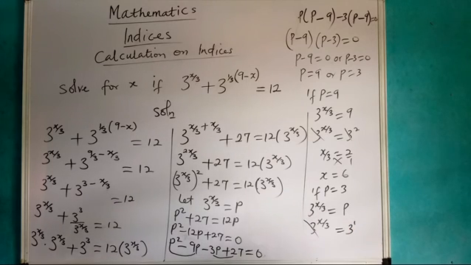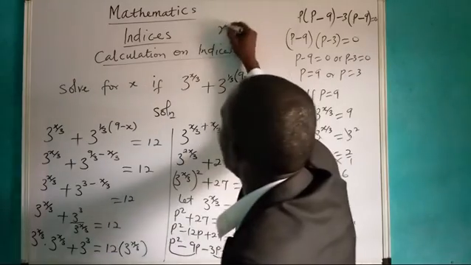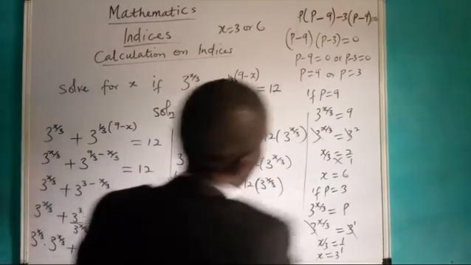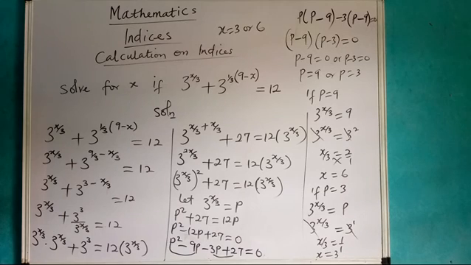Therefore, these bases are the same, you can eliminate. Therefore, we now have x over 3 equal 1. I want to also cross multiply, and when I cross multiply, x is going to be 3 at the end. Meaning that the values of x are simply 3 or 6, as we have solved in the solution.